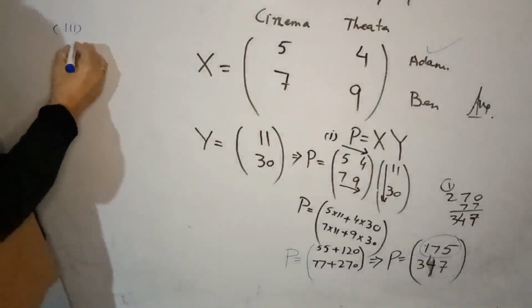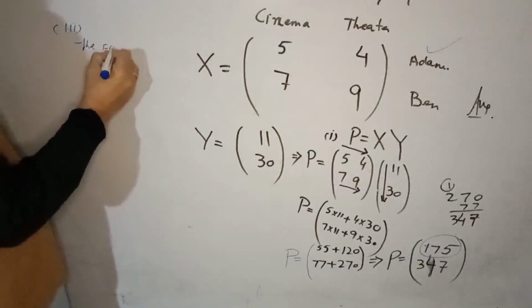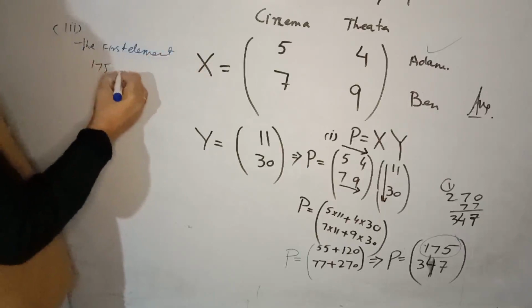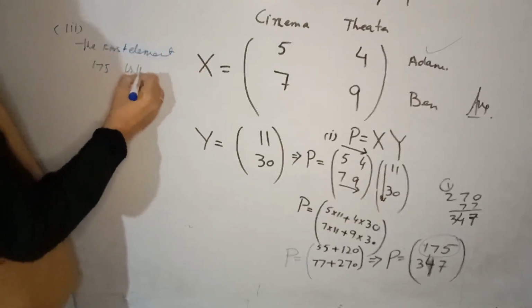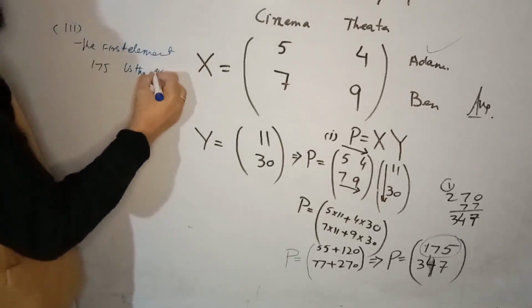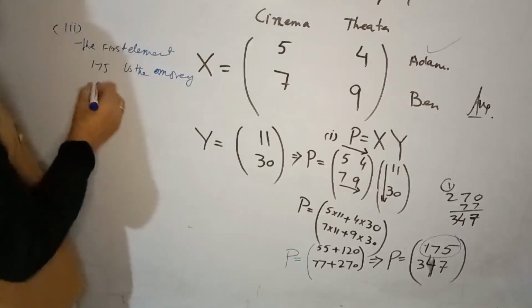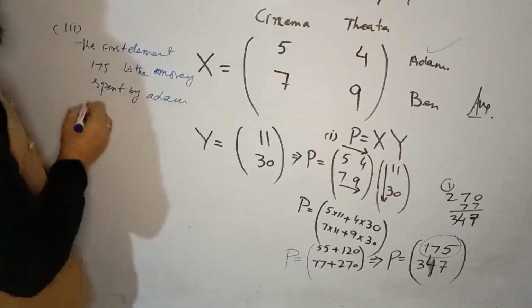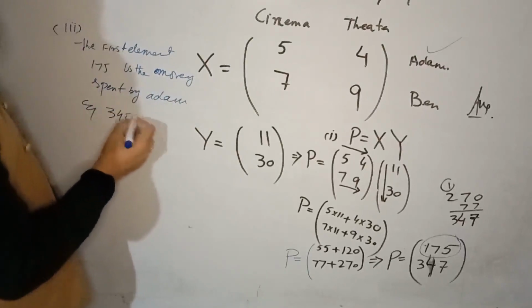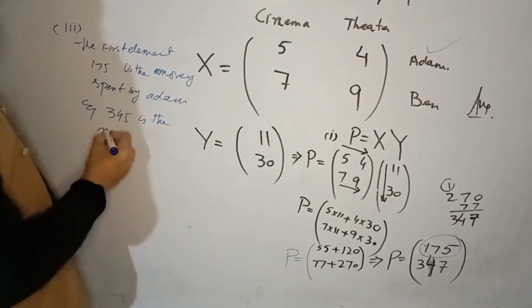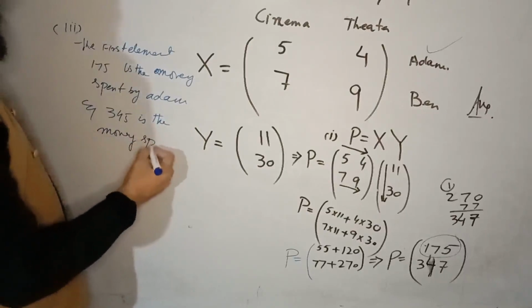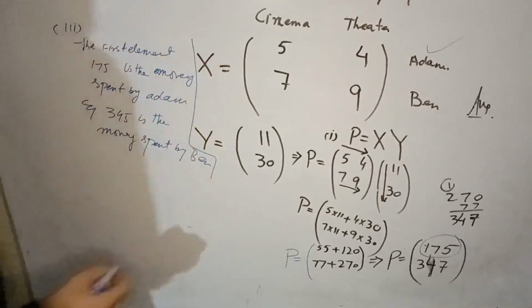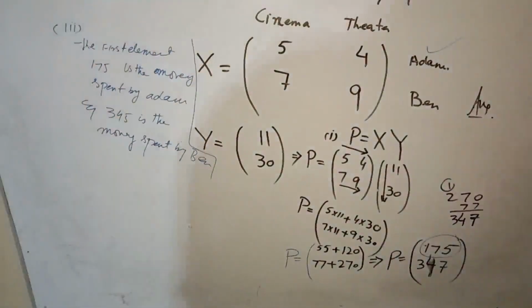That is, the first element 175 is the amount or money spent by Adam, and 347 is the money spent by Ben. So this is the answer of the third part of the question.